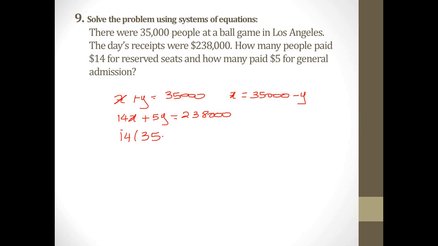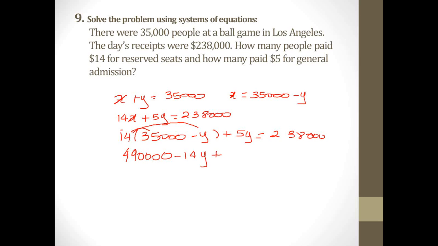I'll have 14 times (35,000 minus y) plus 5y equals 238,000. When I distribute the 14 to both of them, 14 times 35,000 is going to give me 490,000. And I distribute the 14 to the y, I get negative 14y. I bring everything else down.